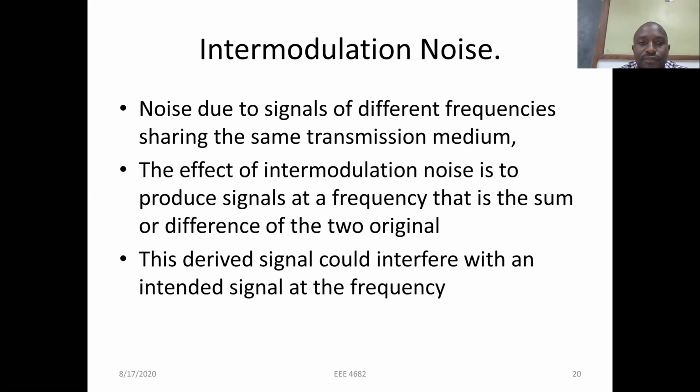The effect of intermodulation noise is to produce signals at a frequency that is the sum or difference of the two original signals. So you have two signals sharing the same transmission line, and as the signals travel through this medium, it can happen that the two signals of different frequencies can add up together, or they can subtract from each other.